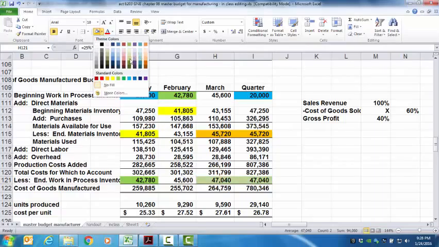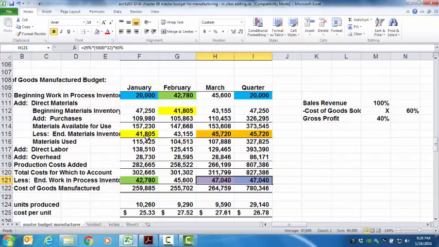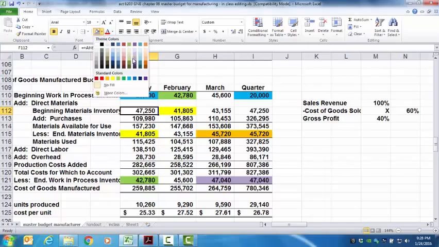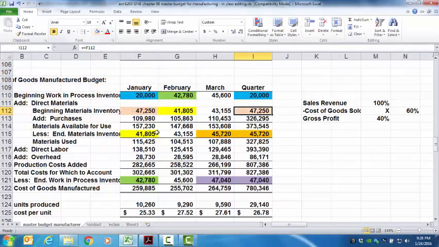Something we haven't used before. And the last one I want to call your attention to is the beginning materials inventory must be the same there. So we have all kinds of relationships going on in this budget, and you can see that it gets kind of tedious. It's not difficult, but you can get lost in the detail.